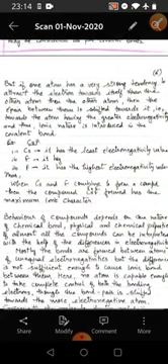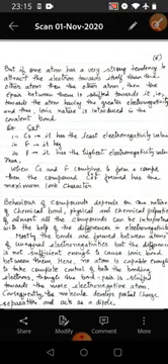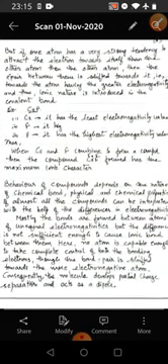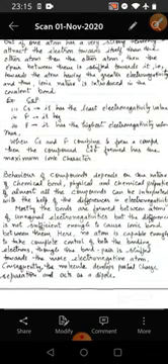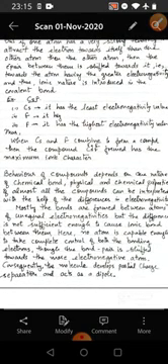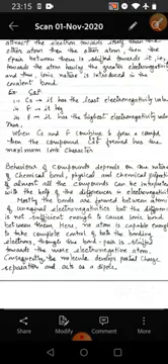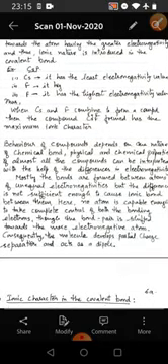But if one atom has a very strong tendency to attract the electron towards itself than the other atom, then the electron pair between them is shifted towards the atom having the greater electronegativity, and thus ionic nature is introduced in the covalent bond. For example, cesium fluoride.